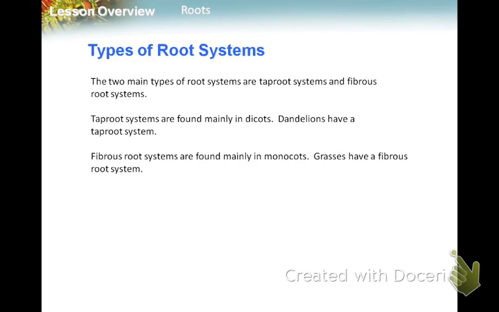from the soil. Two main types of root systems: taproot system and fibrous root system. As we discussed in the last section, taproots are mostly found in dicots, like a dandelion, and fibrous root systems are found mainly in monocots, like grass.